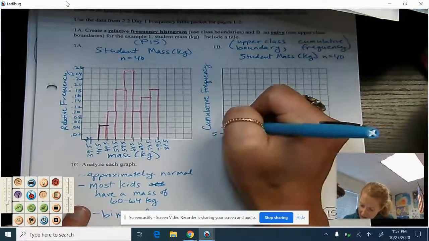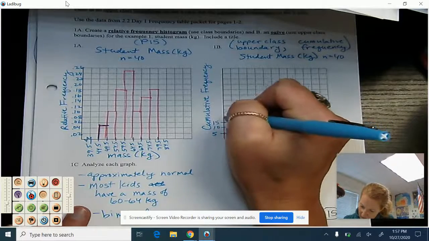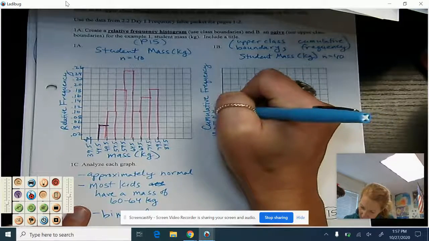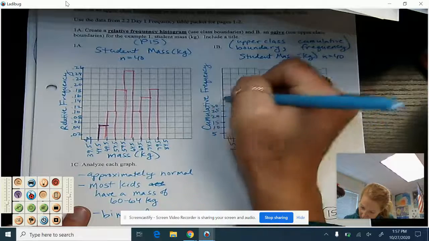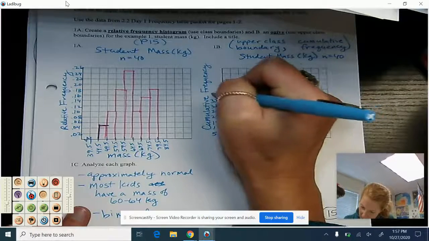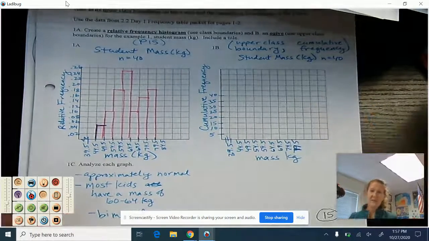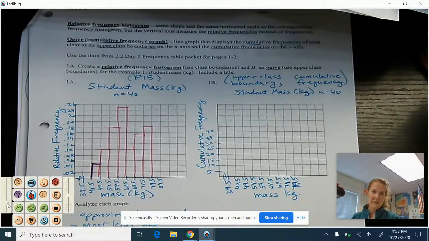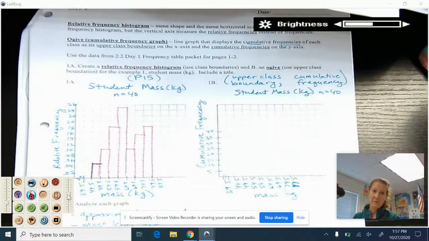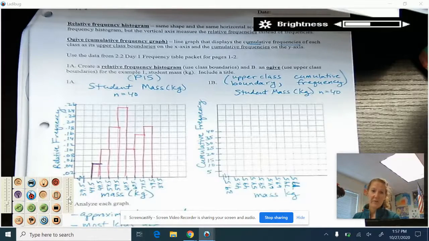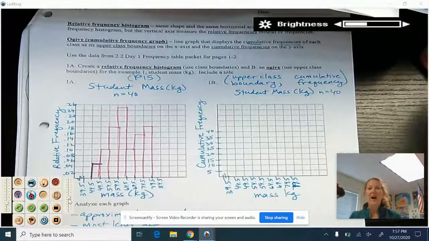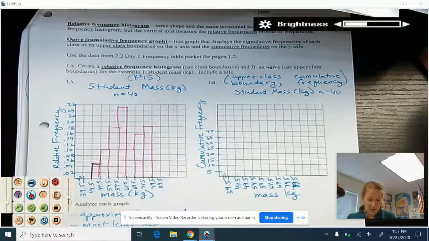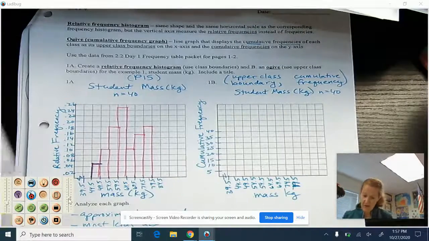So I'm going to do 5, 10, 15, 20, 25, 30, 35, and 40. Okay, so this is what you should have. Okay, we like it dark. All right, so now you've accomplished all of that, and now this is what we're going to graph.